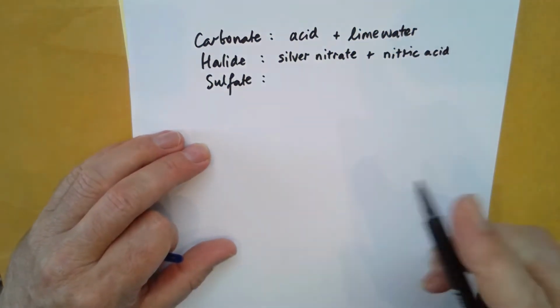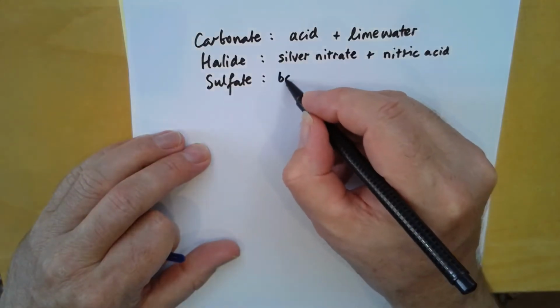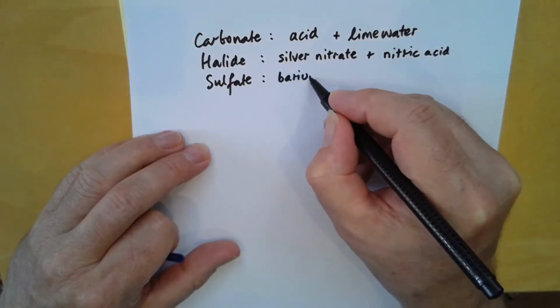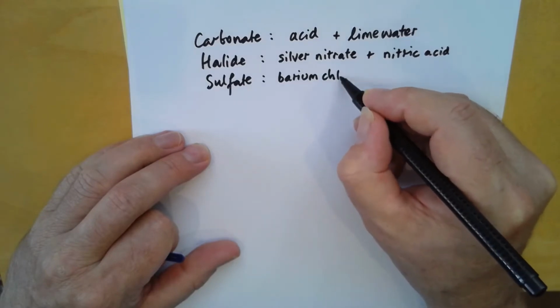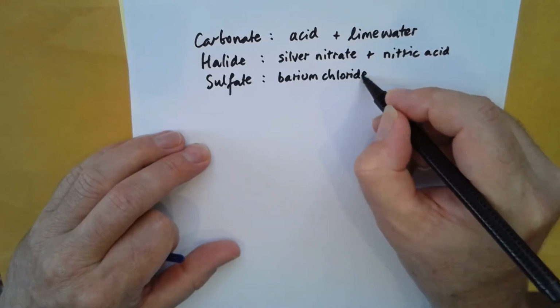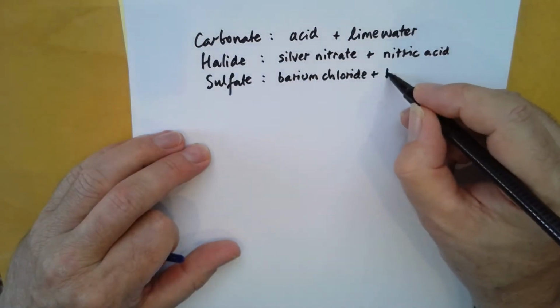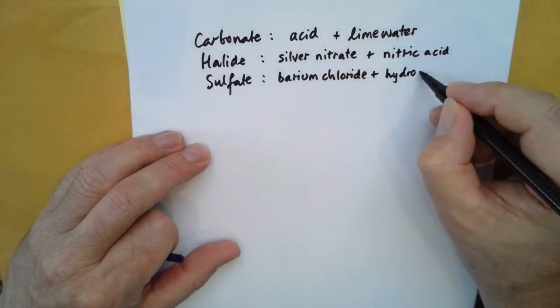And then for the sulfate test, we need barium chloride and a bit of hydrochloric acid.